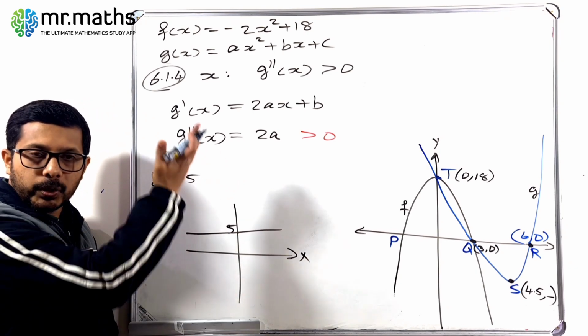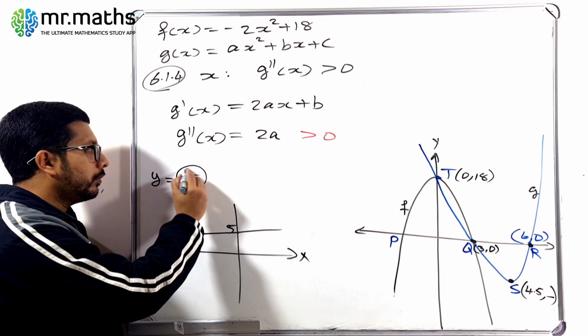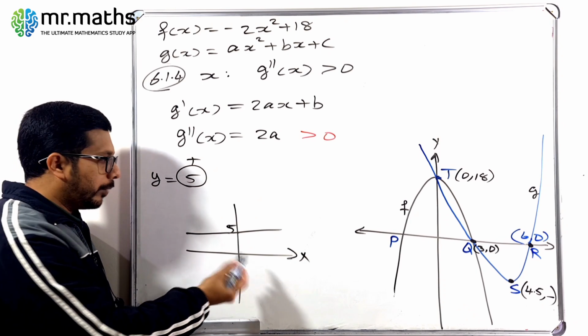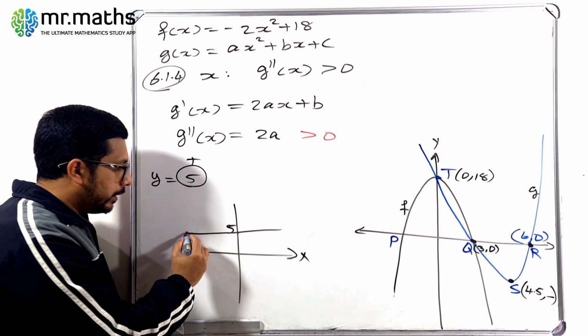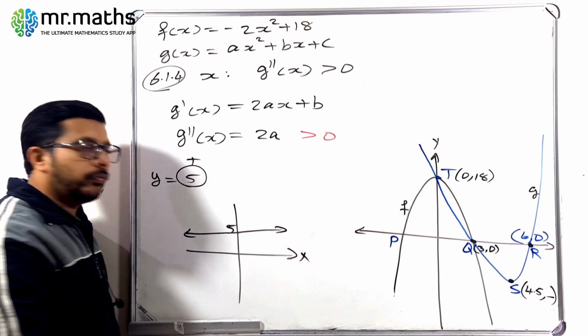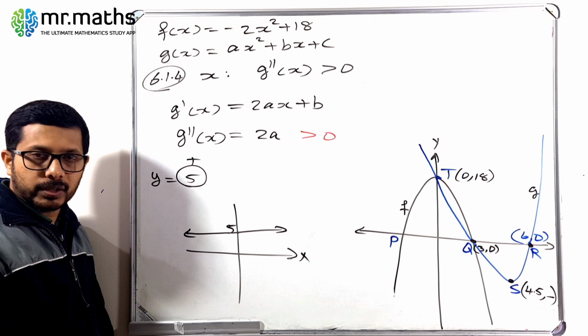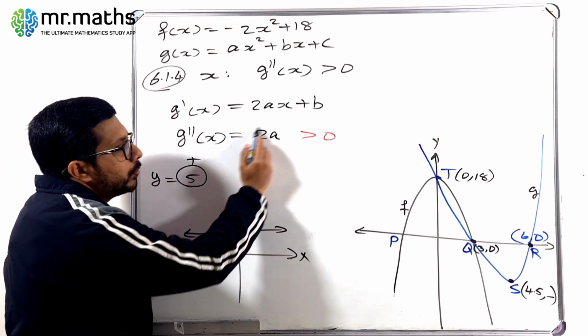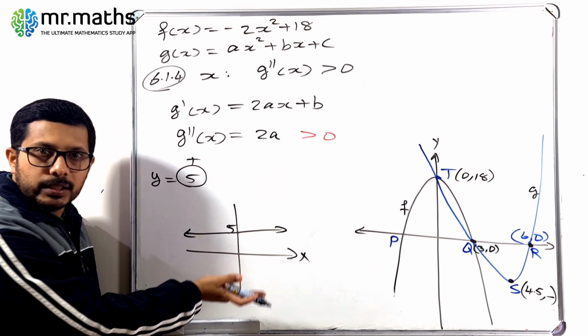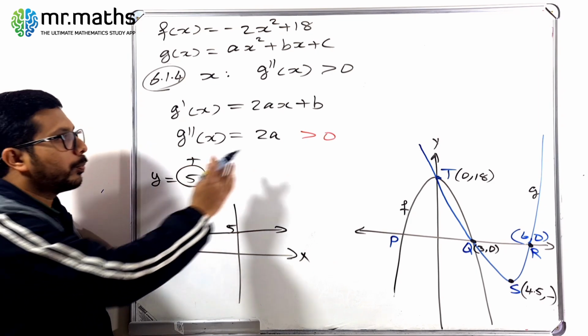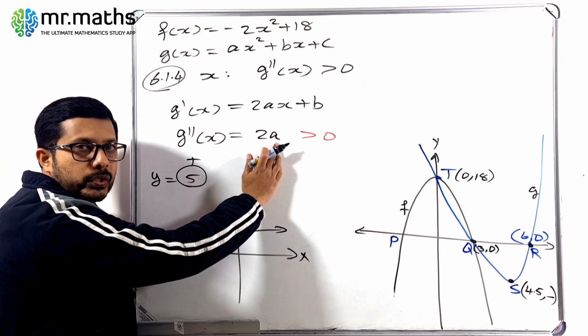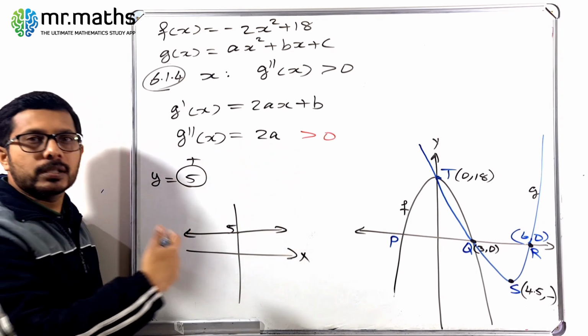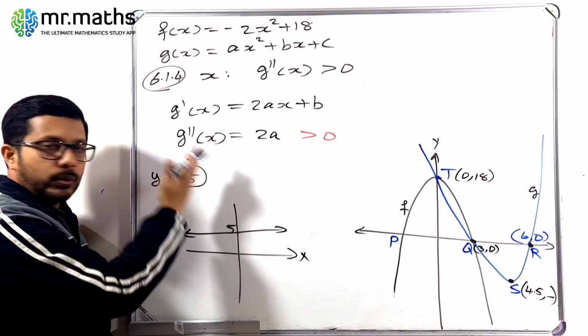That means above the x-axis, this one is positive. And this is the line y is equal to 5. You understand? So here 2a is positive means that it's above the x-axis. A is positive, so 2 times a positive number is positive. That means above the x-axis.